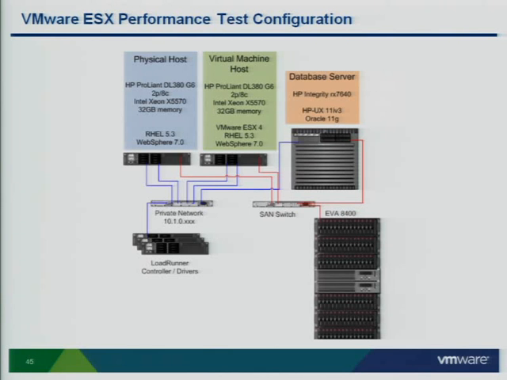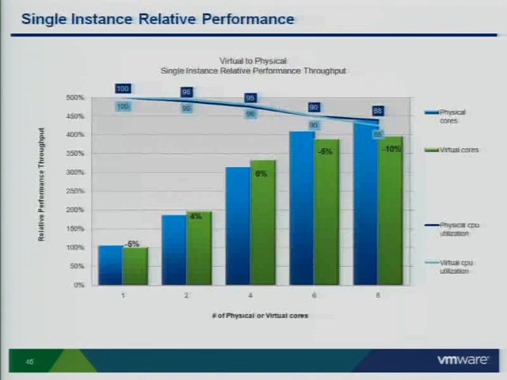This is an 8-core Nehalem server, and the data shows that in 2 and 4-core single instance comparisons, the virtual configuration gives you better performance because of the hardware features, the Intel VT technology that assists the hypervisor, thus improving performance in the virtualized environment. And ESX is also NUMA aware, and that also helps performance.